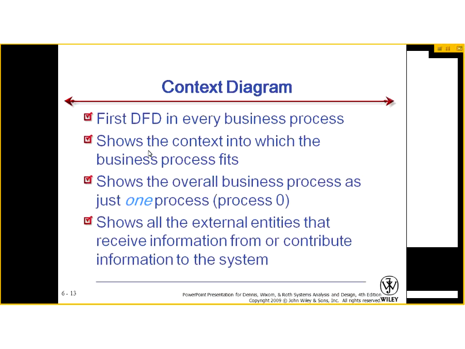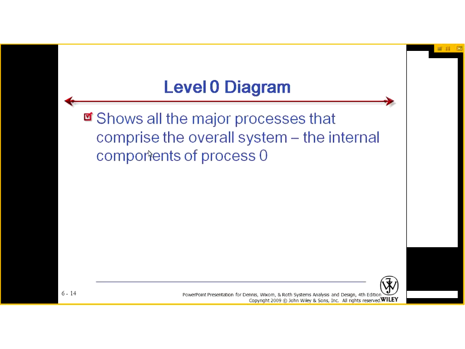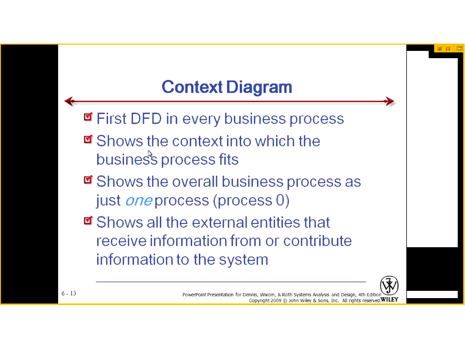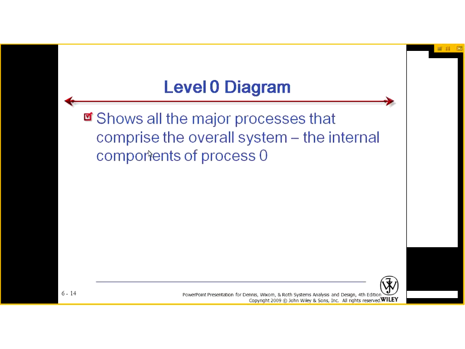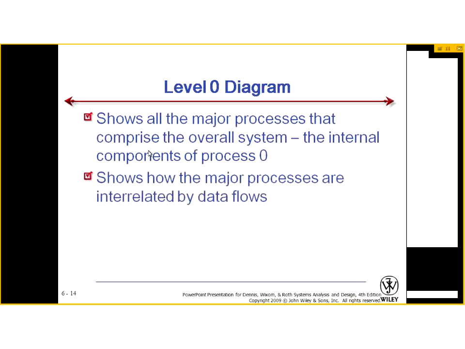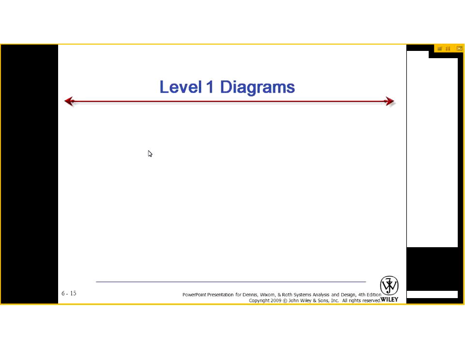Show all the external entities that receive information from or contribute information to the system. Then you go to the level 0 diagram, in which you show all the major processes that comprise the overall system, the internal components of process 0, and you show all the data flows, the external entities, and your data stores.